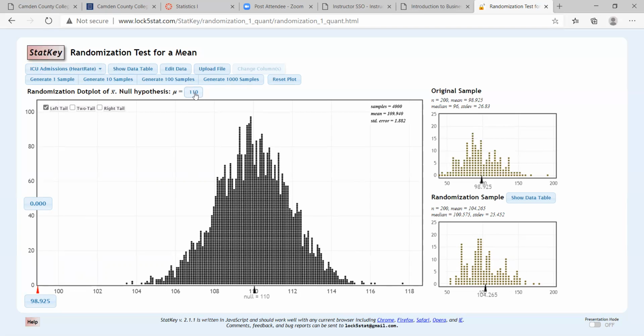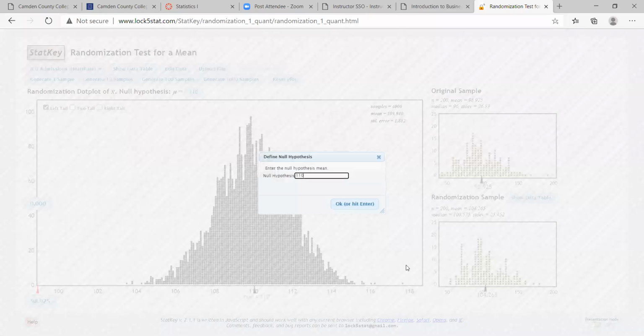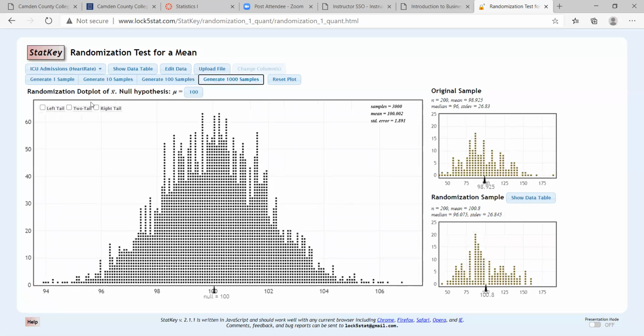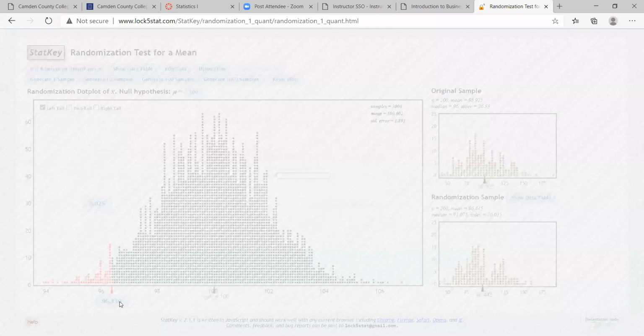Let's make the mu here 100 instead, we'll do a left tail test again. And again, I'm going to put in my 98.925.